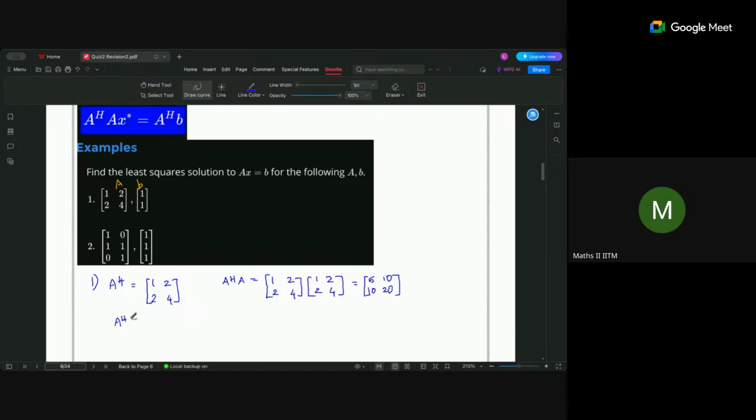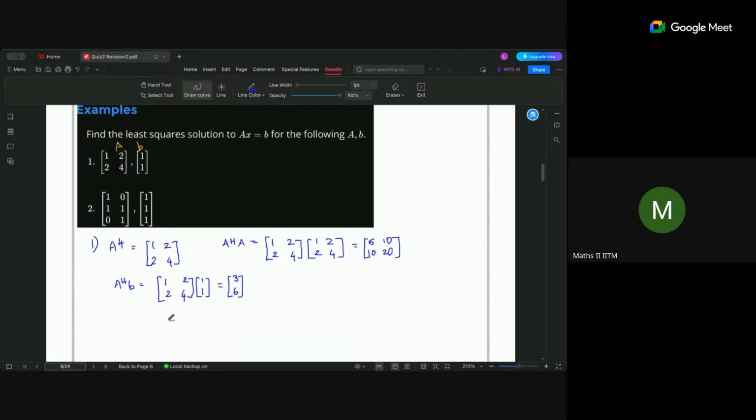Okay. So now the next thing is we need to find the RHS, which is A^H B. So you have to compute [1 2; 2 4] times [1; 1]. What is the answer? 3, 6. Right? So you have 3, 6.